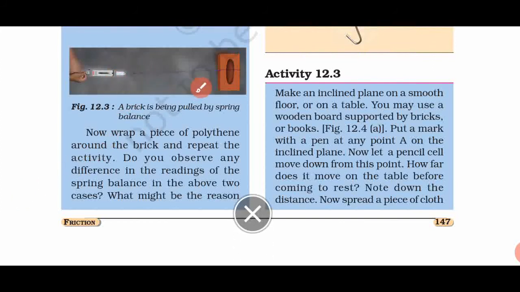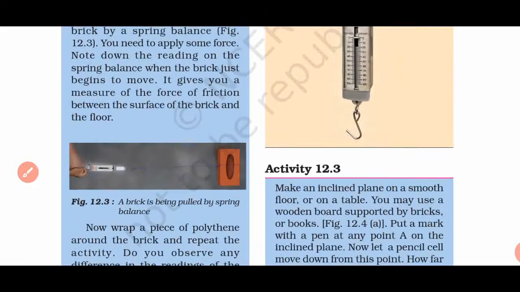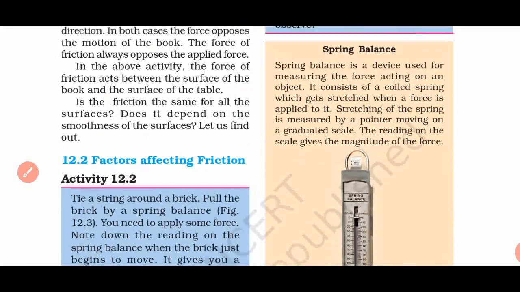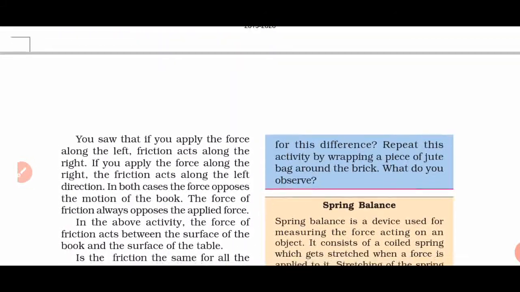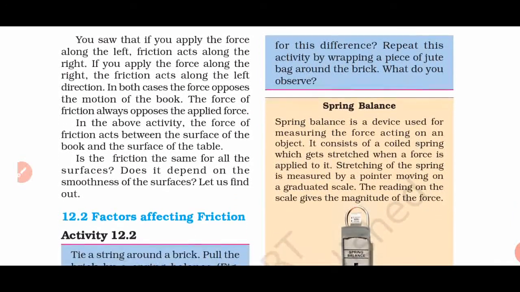Firstly, the reading will be more, and second, when you wrap polythene around this brick, the reading will be less. So the question here is, what might be the reason? Why is the reading more in the first case and less in the second case?